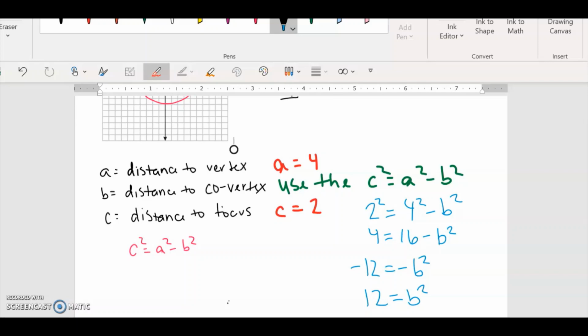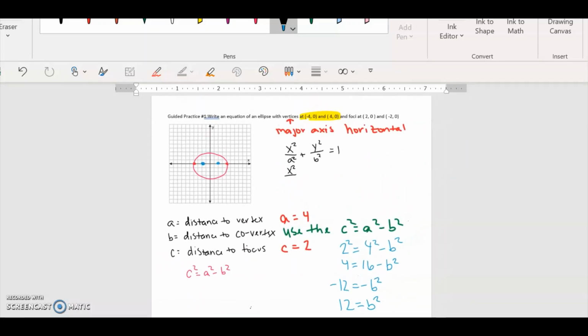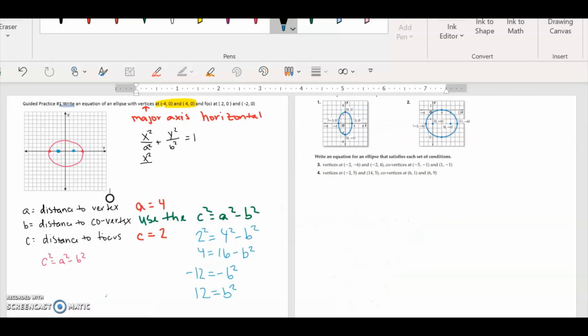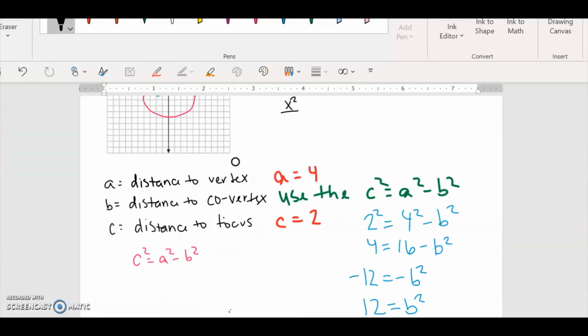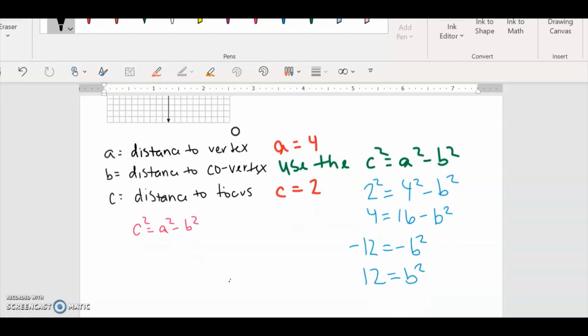So we are now ready to write our equation. Our equation is x squared over 4 squared plus y squared over 12 equals 1.